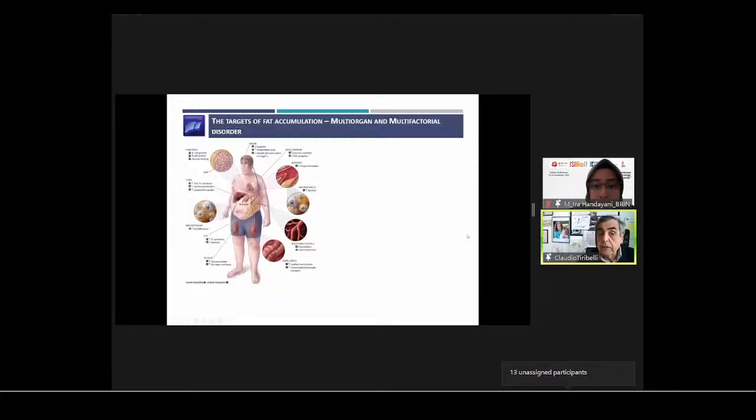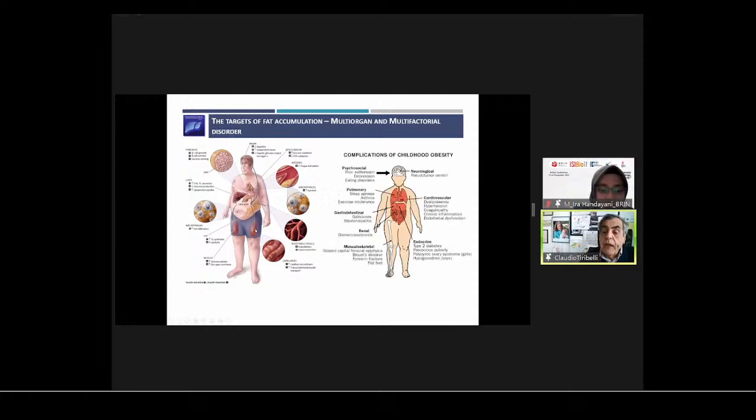What are the targets of fat accumulation in the body? Of course, obesity is a multi-organ and multifactorial disorder. We can have damage in the liver, in the brain, in the heart, in the vessels, in the nervous system, in the pancreas, and in the muscles. All together, this means we have a lot of complications of obesity in childhood. We have behavioral, psychosocial, and neurological damage, like pseudotumor.